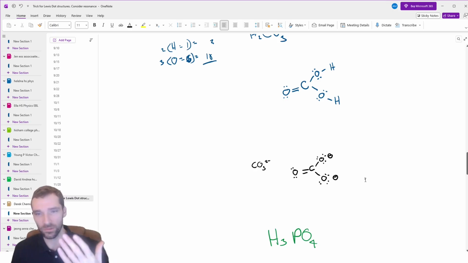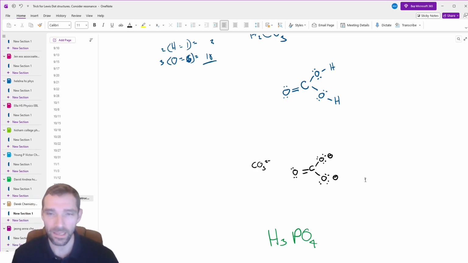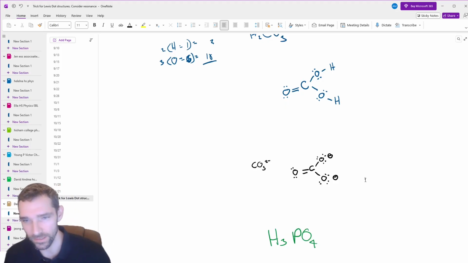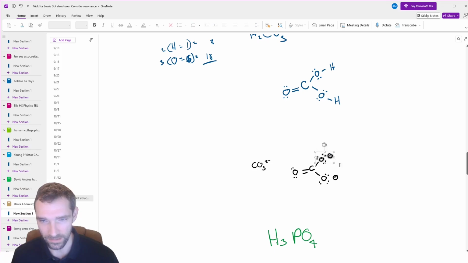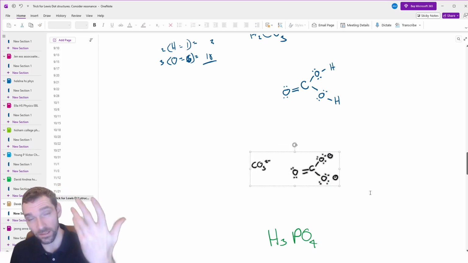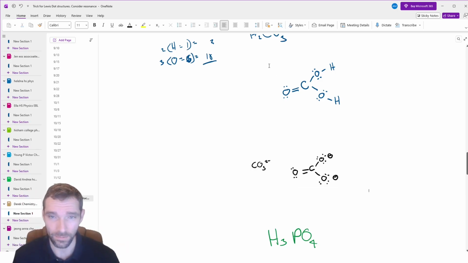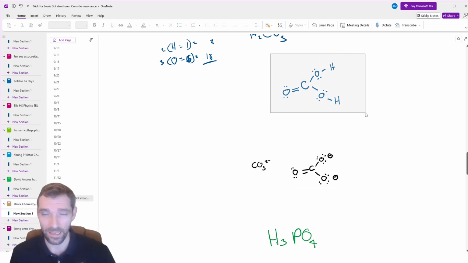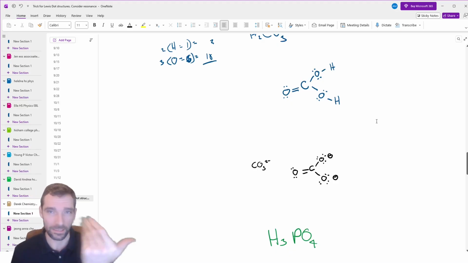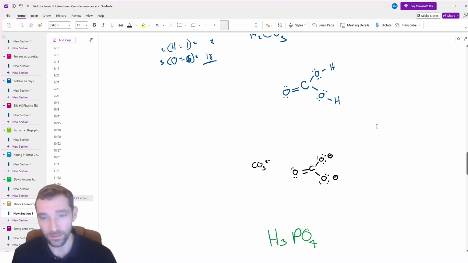So why would you have a double bond on one of these oxygens versus the other ones? That helps you work backwards and see, oh, if I were to attach an H plus, it'd be attracted to these O minuses here. So if you understand the resonance of your polyatomic ions, then that can help you with drawing out these acids that would form them when they give off the hydrogens or dissociate.